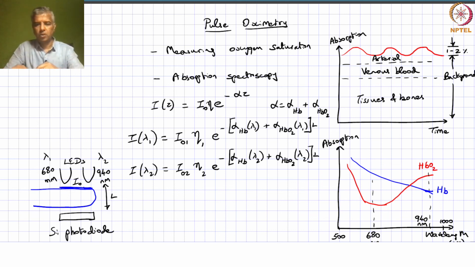So you are essentially making this measurement. Now, of course, you would say, why don't we use one photodiode for each one of these light sources and make these measurements simultaneously. If you notice, I have actually shown that there is a common photodiode. So why do I need a common photodiode?